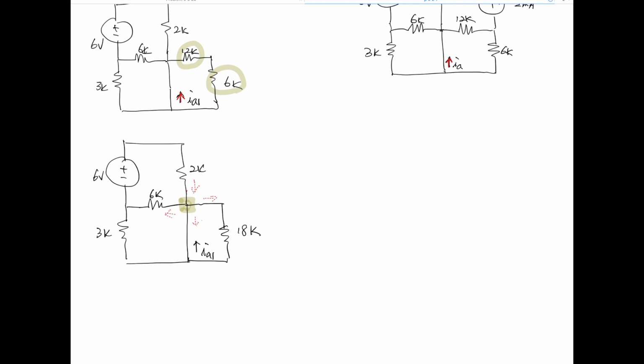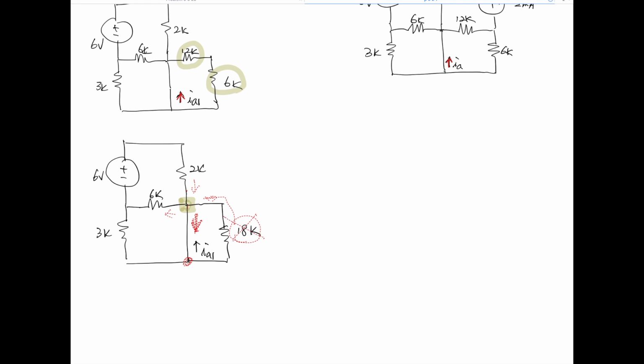However, going from here to this node is much faster and easier. This route has 18 kilo ohm resistance, so it's just a local way. Going downward is the highway. So when we have a short circuit parallel to any resistor, we can simply ignore that resistor.